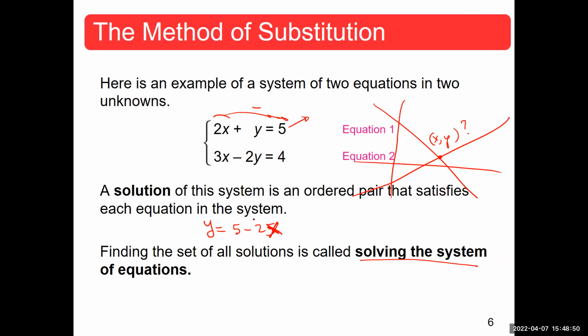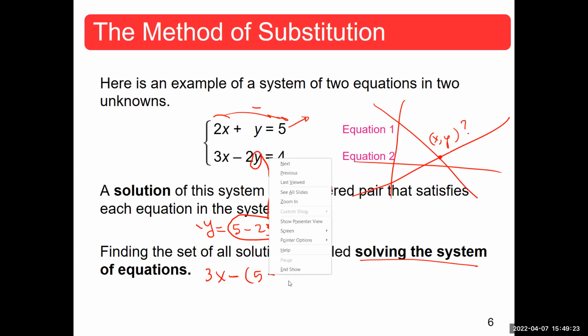I could have done the x anyway, but y is easier. After I isolate the y, I take this value of y and plug it into the y in the second equation. Then we're going to say 3x minus, because I have a minus, it doesn't matter, I use parentheses, 5 minus 2x.